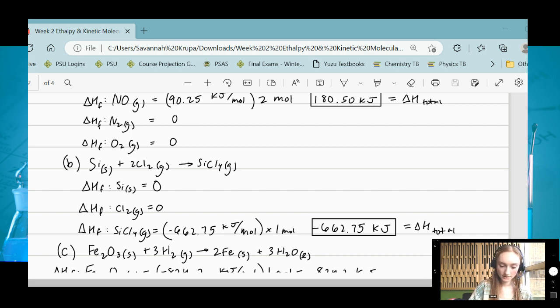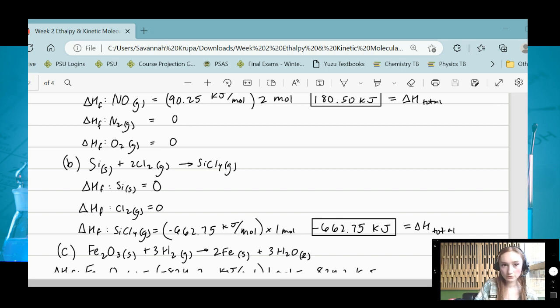So let's move on to the next one, which is C. We have an iron oxide and hydrogen gas making iron and water. Just as we did last time, we have 4 different things, so let's write down the delta HFs. Delta HF, delta HF, and we have Fe2O3 solid.